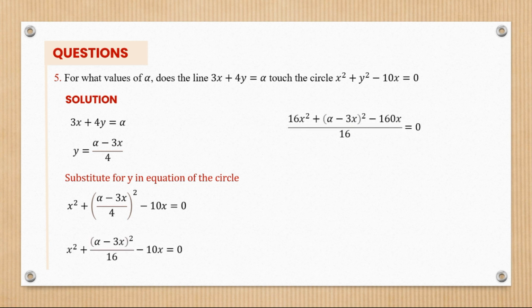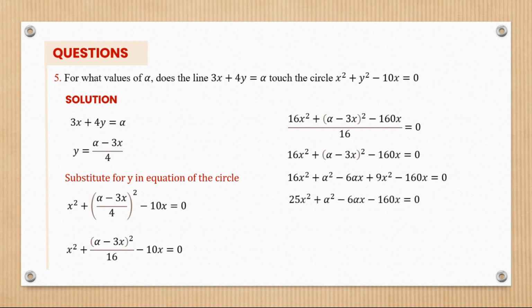So simplify this further, and then I'll have 16x squared plus alpha minus 3x squared minus 160x being equal to 0. So now expand that value here, and I'll have alpha squared minus 6 alpha x plus 9x squared. So now collect like terms, and I'll have 25x squared minus 6 alpha x minus 160x plus alpha squared.